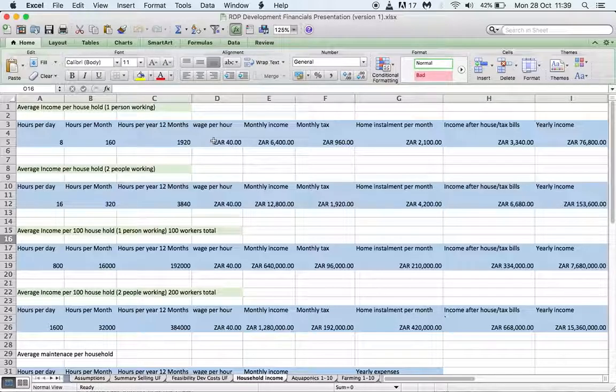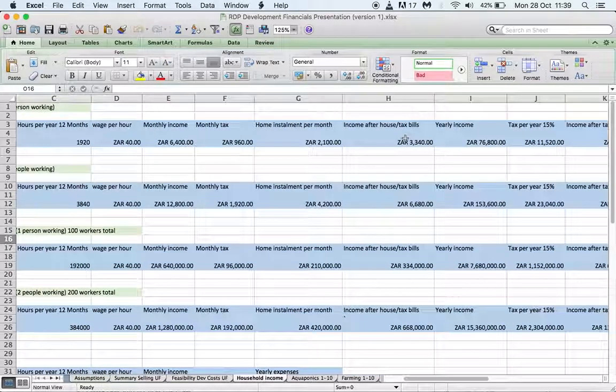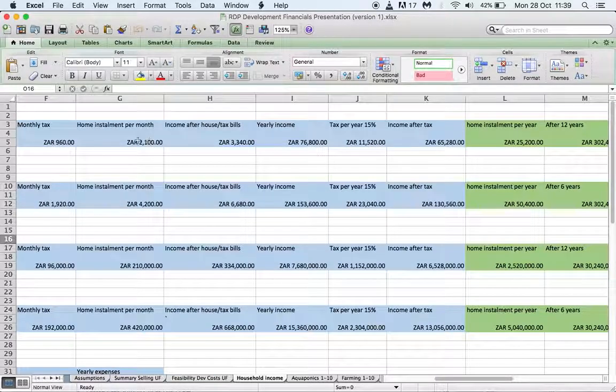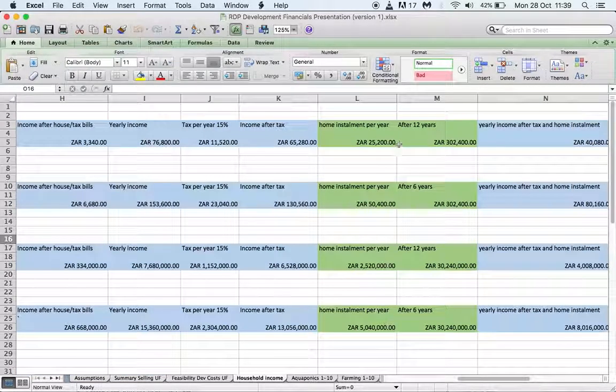Actually, we're going double because the minimum is 20 rand. We're doing 40, and monthly income, and then tax, home installment. That's the amount of money he has to pay back for the home that we have provided for him. The house costs 300,000 rand. If he pays that much per month, it will take him 12 years to pay off that home.